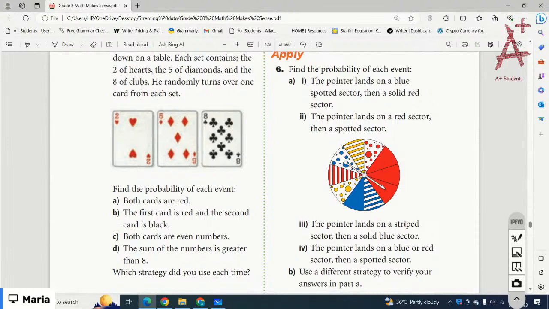Blue spots is just one. Counting the sectors, 1, 2, 3, 4, 5, 6, 7, 8, 9, 10, so 1 out of 10.